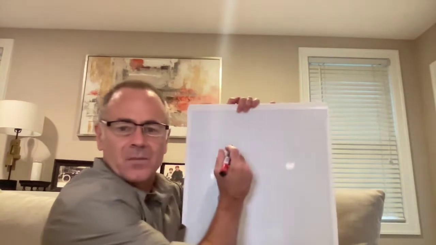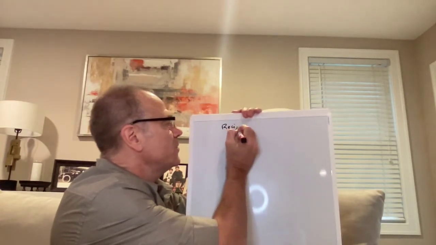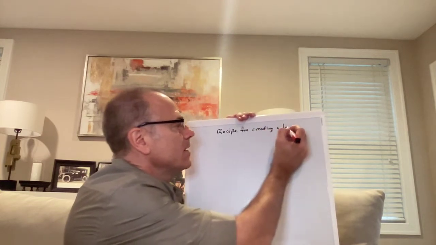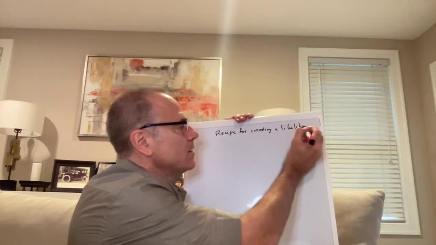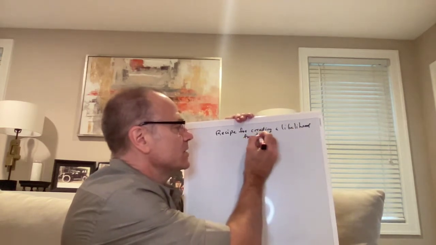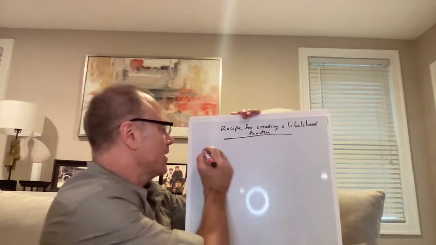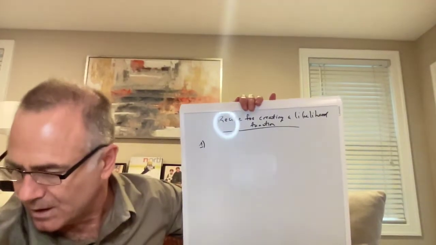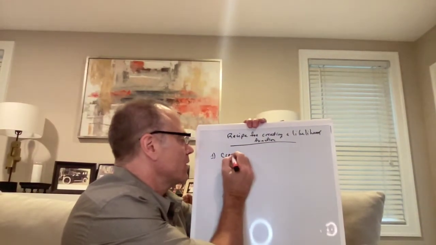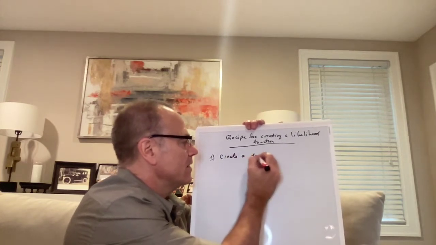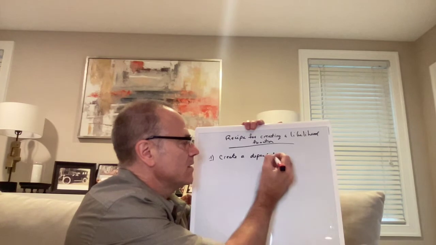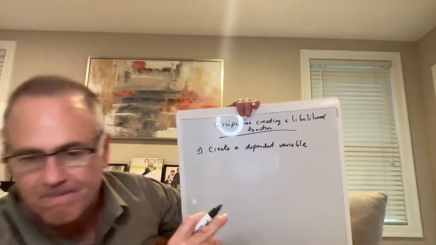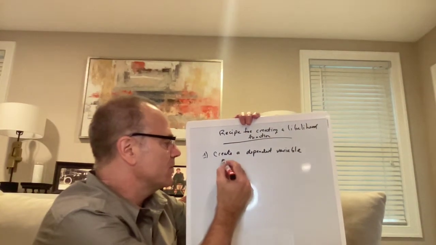Okay, now let me write the recipe for creating a likelihood function. Step 1 is create a dependent variable.